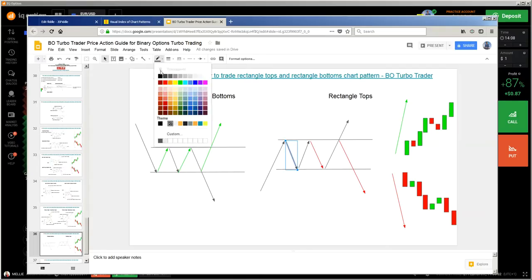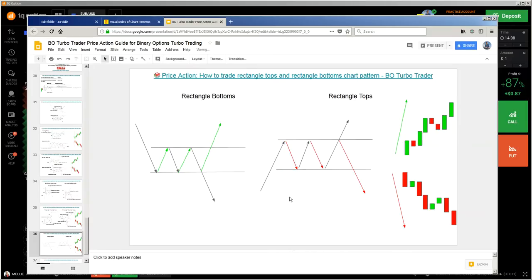Mostly Forex traders wait for the breakout, and then they go in, and mostly the target profit is the high of the trend channel. So this is the rectangle tops. Let me see if I can here, this is a downtrend.